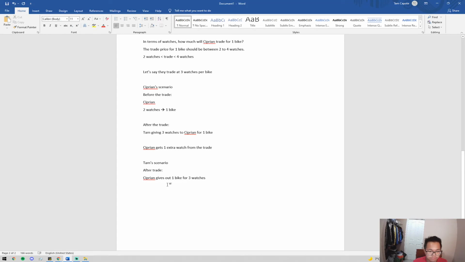Okay, so after the trade, basically what's happening here in terms of watches is Tam receives 1/3 of a bike for 1 watch that he gives. So 1/3 of a bike.